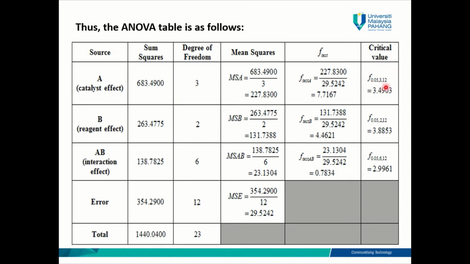And then the second, nu2, is degree freedom E. So you see for all three critical values, the nu2 is the same, 12, 12, 12, because it is the degree freedom of error. The second critical value is F alpha 2, 12. The third critical value is F alpha 6, 12.